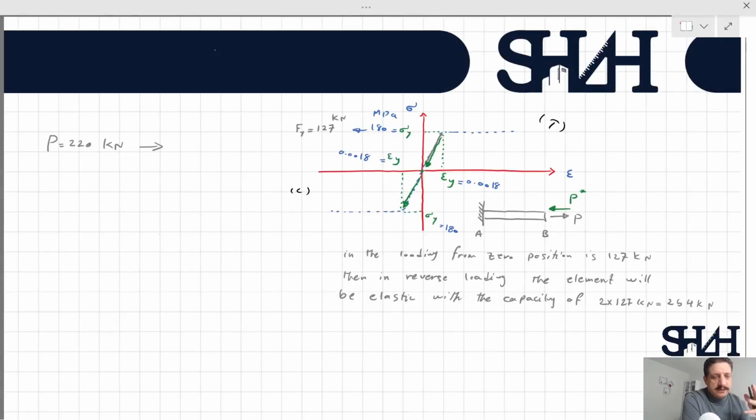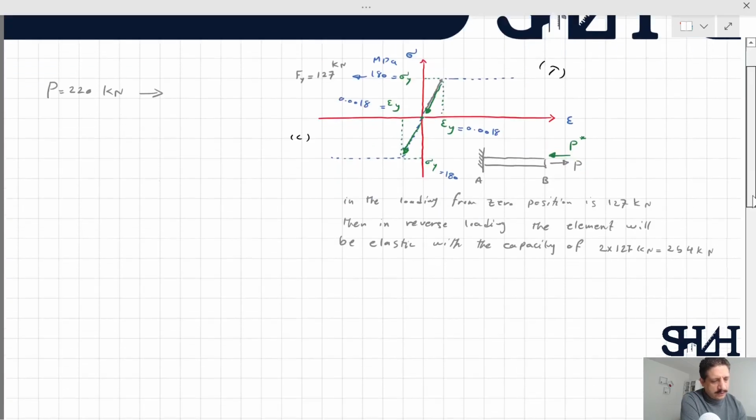So this is the concept. It is applied to any type of reverse loading in torsion, in bending. As I said, if the material is homogeneous and the behavior of material is the same in tension and compression.